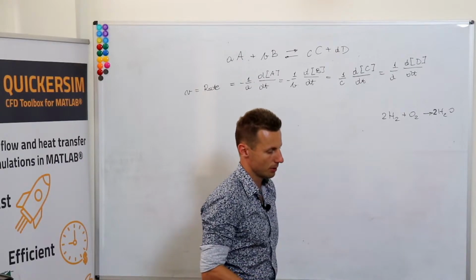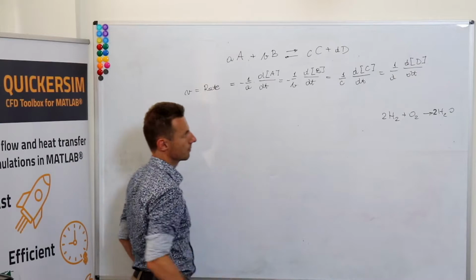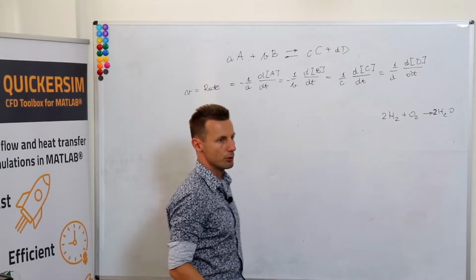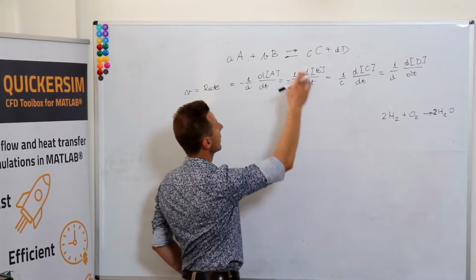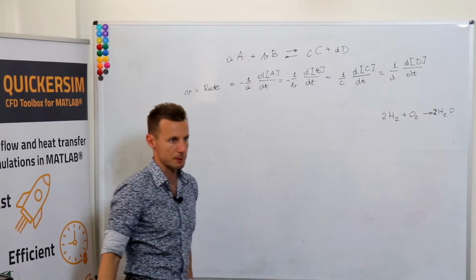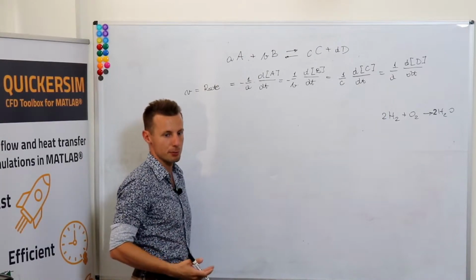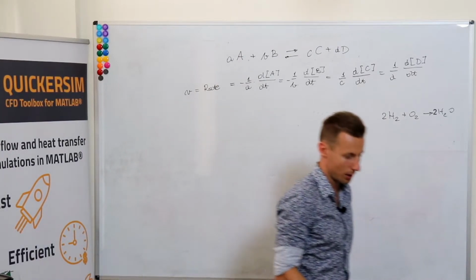All right, so let's move on. It's the definition. Right now, you need to know, if you've got a certain number of moles of your substances, how quickly this reaction will really go.